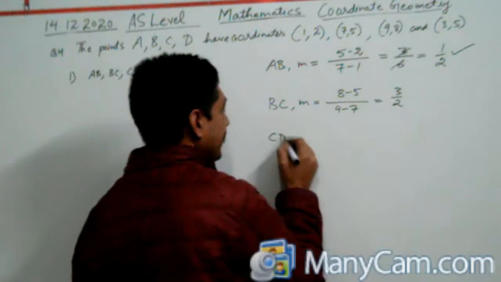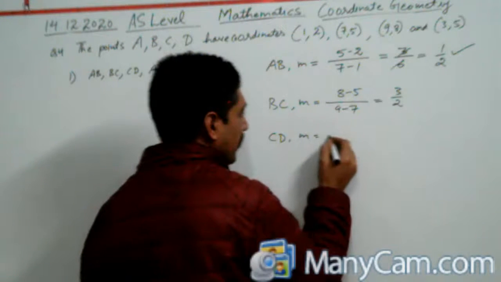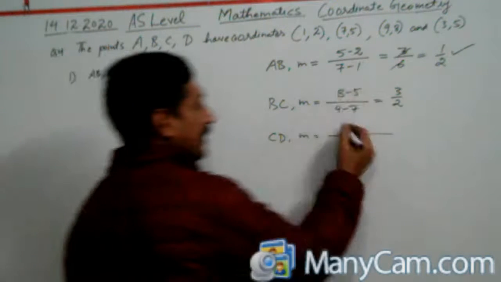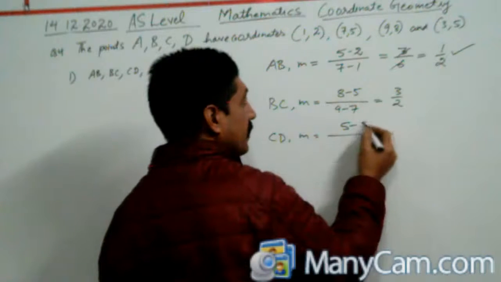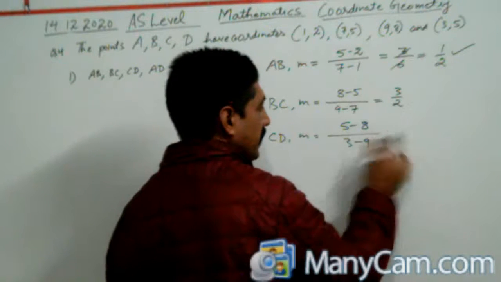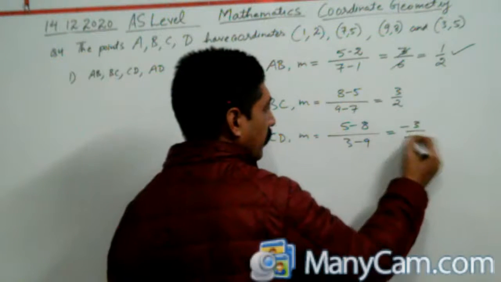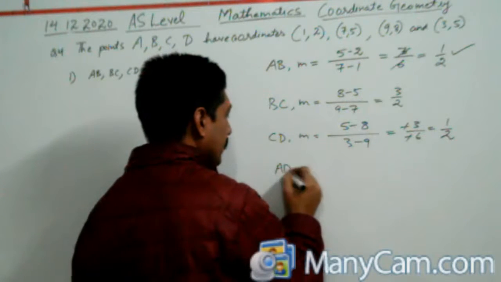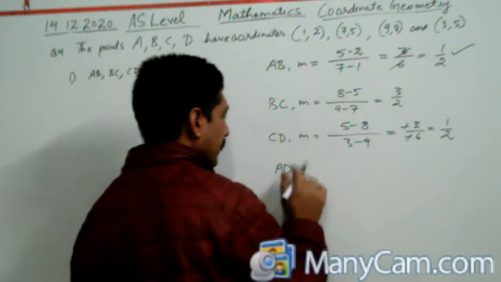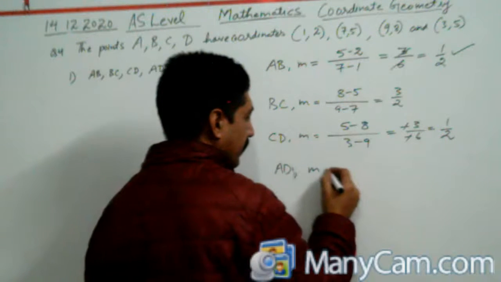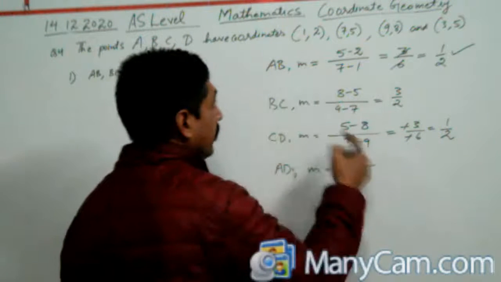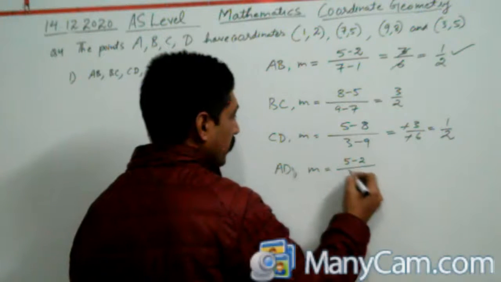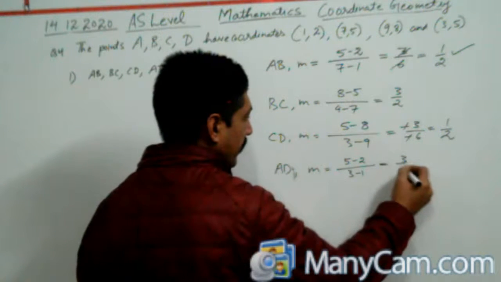Then CD: the gradient of CD is (5 minus 8) upon (3 minus 9), that is minus 3 upon minus 6, again 1 by 2. And last AD: the slope here is (5 minus 2) upon (3 minus 1), so that is also 3 by 2.